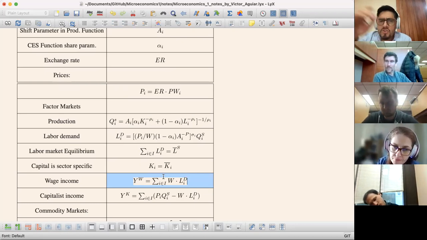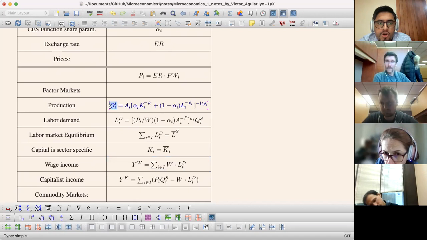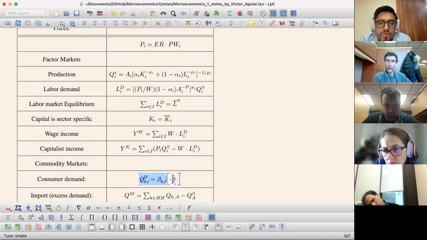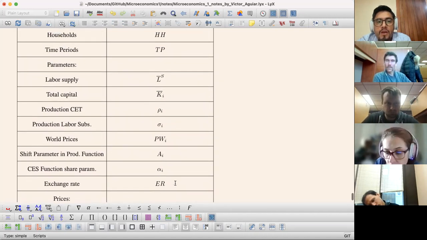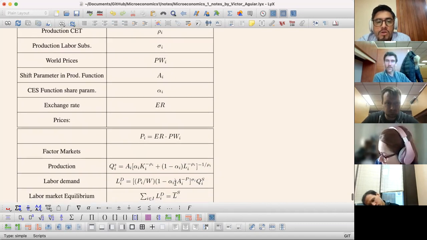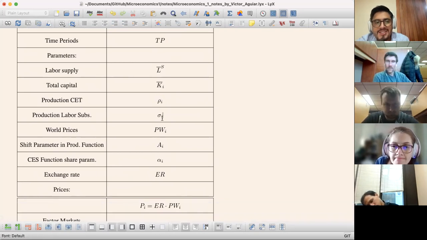Now, how do you match the SAM? Remember what is data now and what are parameters. For instance, you remember that we have payments, right? Like production. We know also consumption. We know imports. We know income. We know prices. We know wages, right? What we don't know is, for instance, the row parameter of the production function, the sigma parameter of the labor substitution.